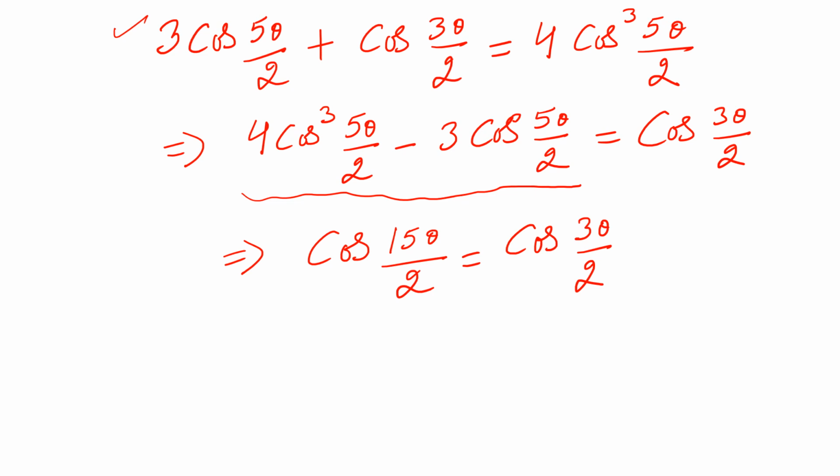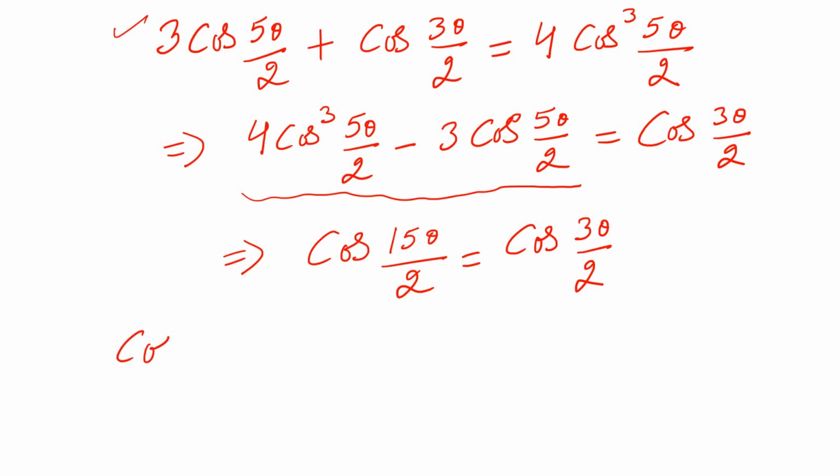And the another way is, if you treat 3 theta by 2 as alpha and 15 theta by 2 as theta and apply the direct formula for the solution of the equation cos theta equal to cos alpha, which is just theta equal to 2n pi plus minus alpha. You have to apply the general solution formula. And then you have to keep on putting different values of n so that your solution falls in the given interval. So now I am using the first method.